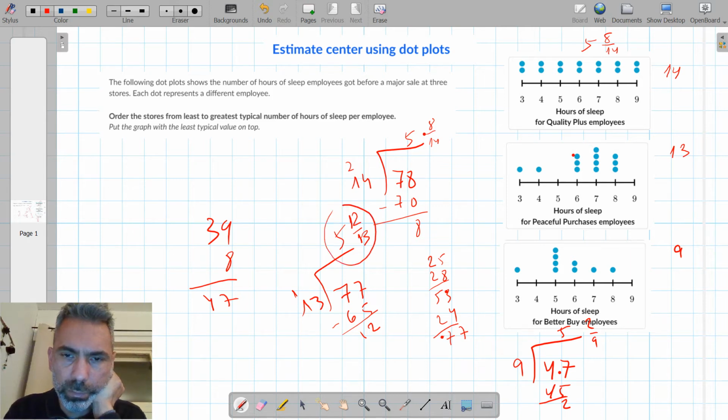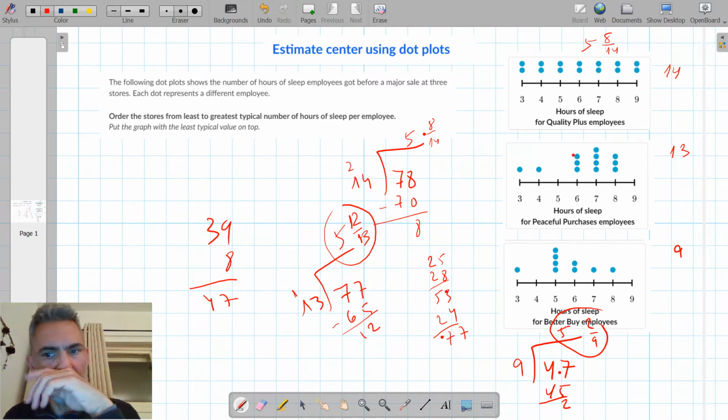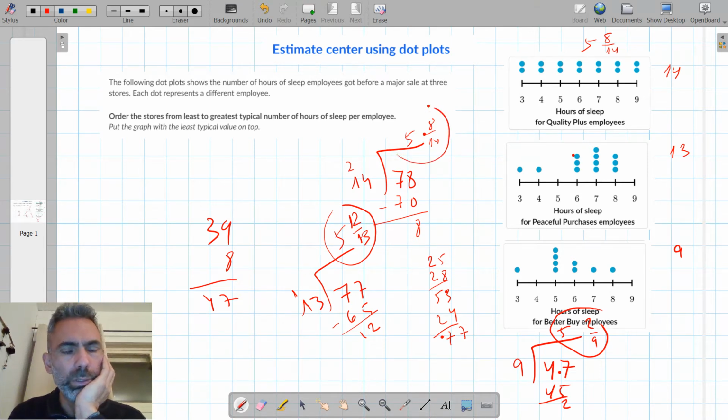So this is the greatest fraction, this is the lowest number, and this is the middle.